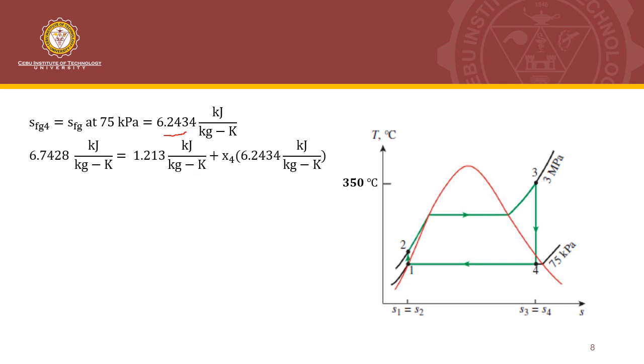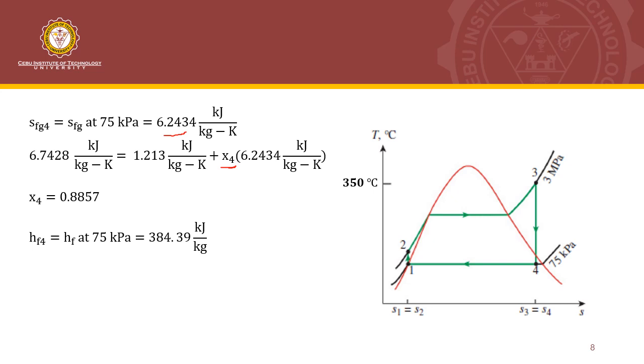So therefore, by substituting those values into the relationship, we can solve for X4, and X4 is 0.8857. So that means that at point 4, the quality of this two-phase mixture is 0.8857, or 88.57% is in a vapor state.